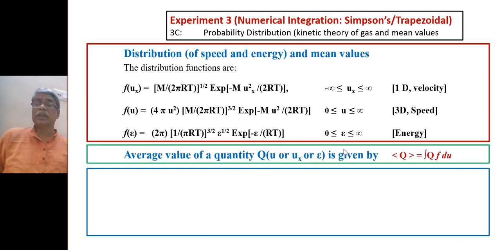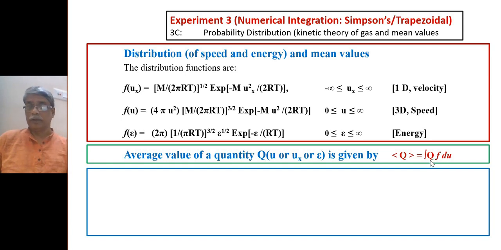Well, these are the probability distribution functions, or simply distribution functions, and the average of any other quantity. Of course, that quantity is a function of this u or ux or epsilon, and the average of any quantity q can be given by this formula, where it uses this distribution function f, and the quantity that you are asking for the average of.